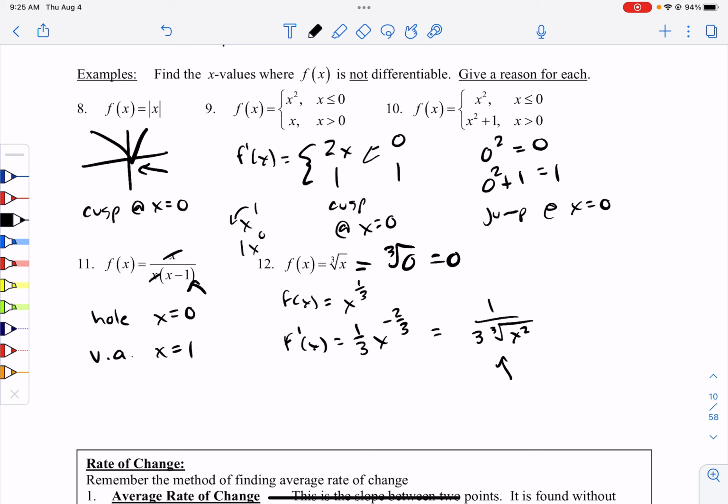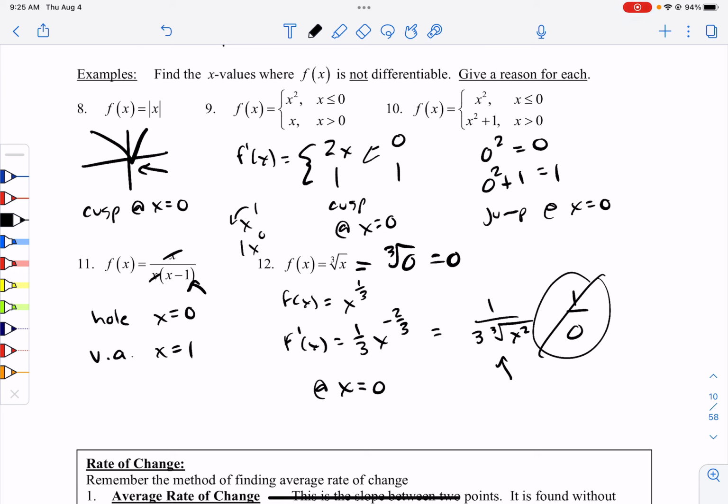Do you see a problem if I were to plug a number into that slope formula? I'm going to end up with a 0 on the bottom. If 0 was my x value, my bottom is going to become 1 over 0. That is bad. So what that means is at the point x equals 0, I don't have a slope.